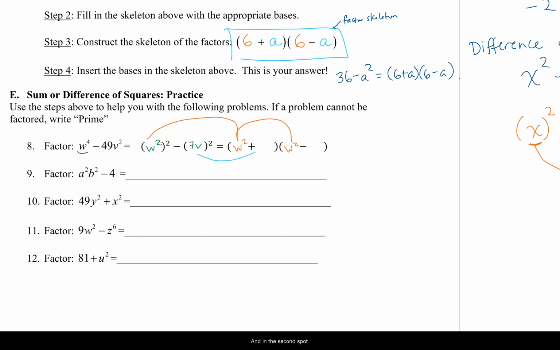And in the second spot, we're going to put 7v. And those are our factors. W to the 4th minus 49v squared factors into w squared plus 7v times w squared minus 7v. Same terms, just a different sign. Try the other ones for practice.